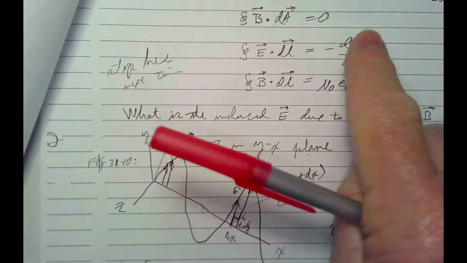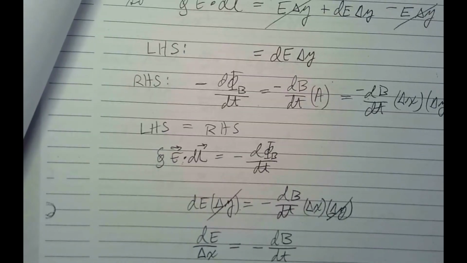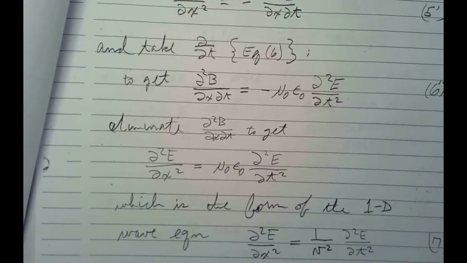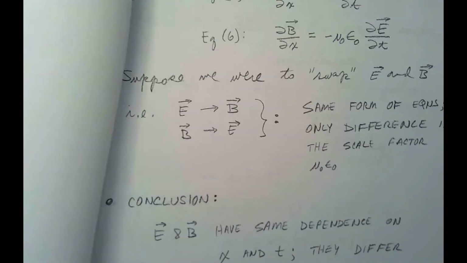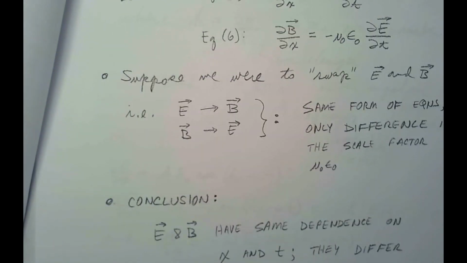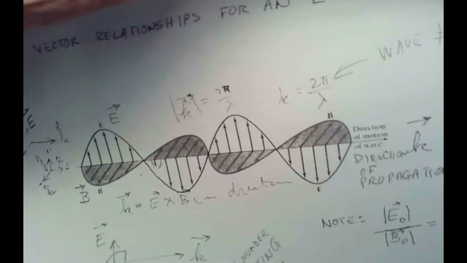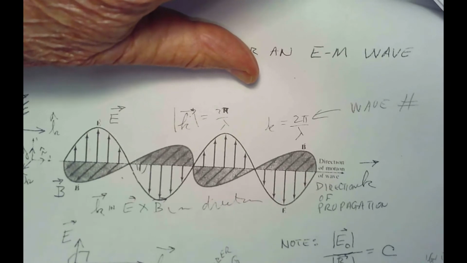Then we'll start with Maxwell's equations and go through some horrendous mathematics to get the speed of light in terms of the frequency and the wavelength. Talk about some symmetries. And I'm going to talk to you about the geometry of an EM wave. And if you get those ideas, especially this picture here, then you would have learned a lot.